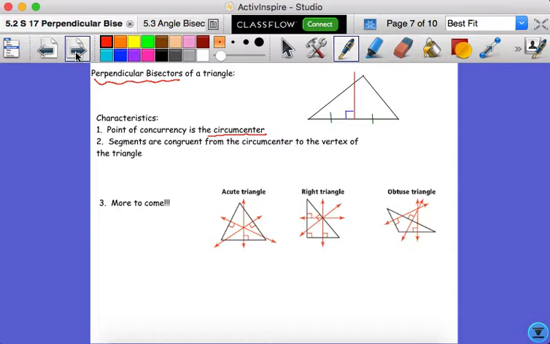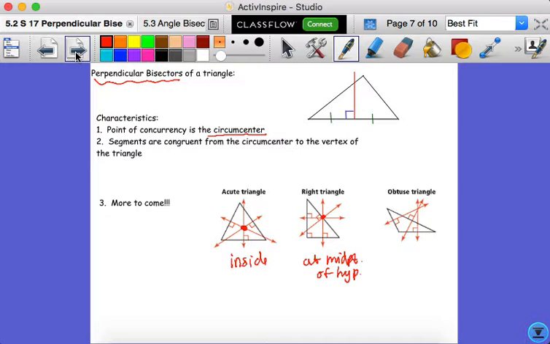So if you look at this, they've drawn an acute triangle. This point right here where all of those lines meet, or all of those perpendicular bisectors meet, that's the circumcenter of that triangle. So in an acute triangle, the circumcenter is inside the figure. For a right triangle, it's at the midpoint of the hypotenuse.